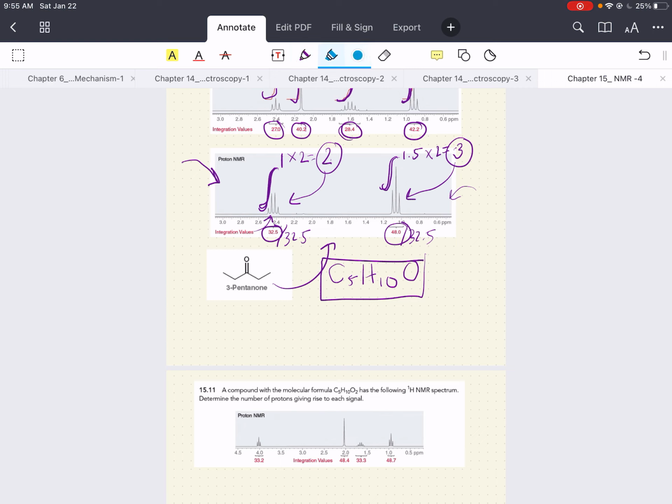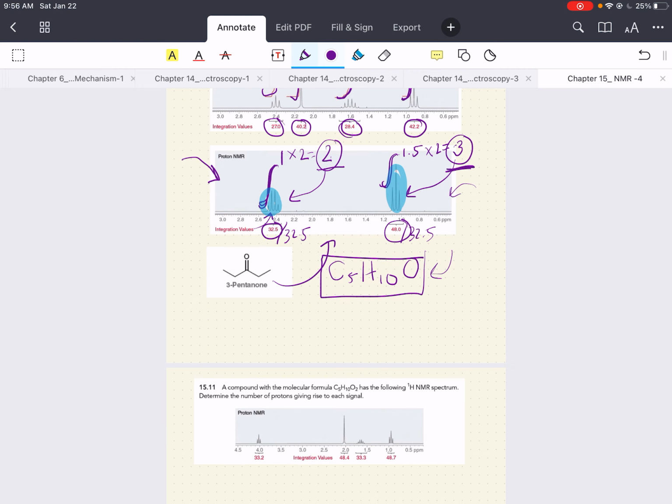Well, these are only ratios. So to actually figure out, whenever we have the actual molecular formula, how many hydrogens are giving off these signals, we're going to have to figure out what the ratio factor for both of these are. So we're looking at 3-pentanone. 3-pentanone has reflectional symmetry.